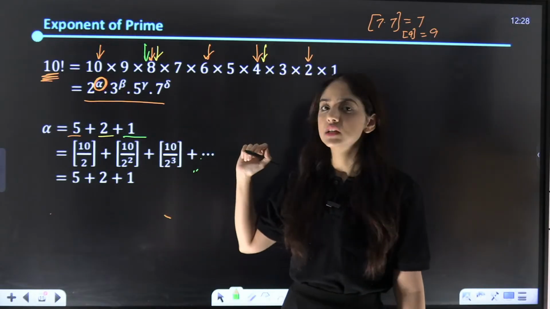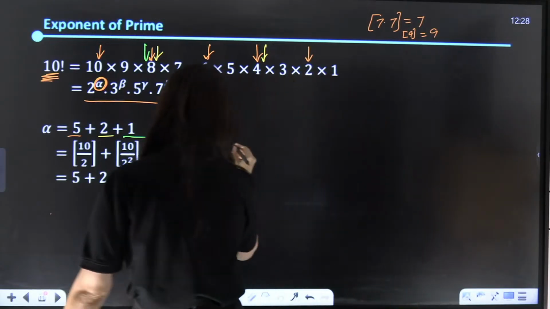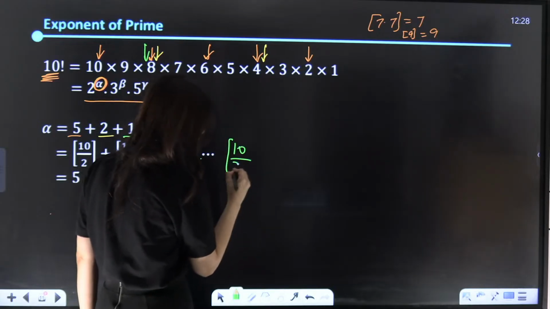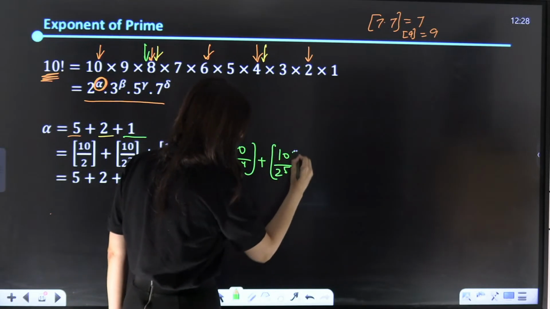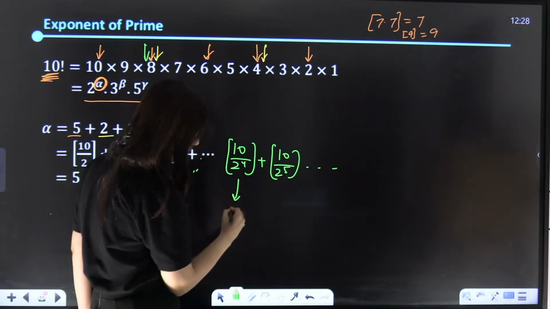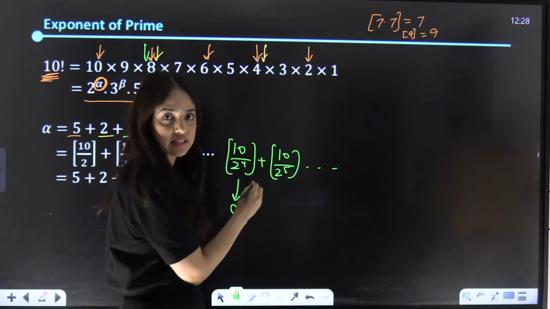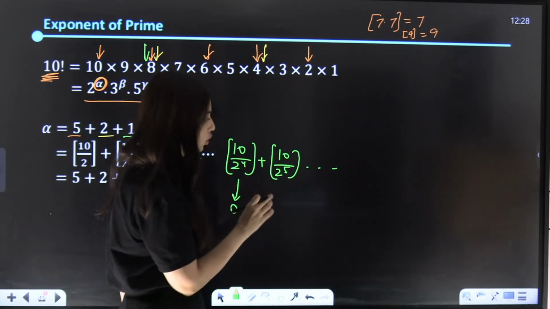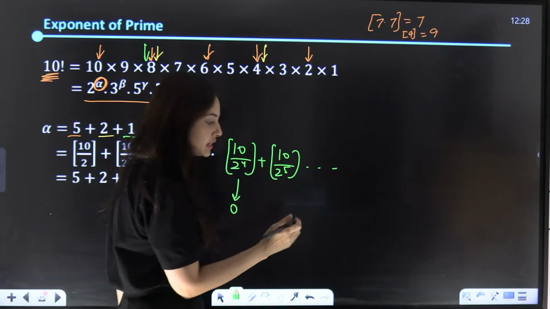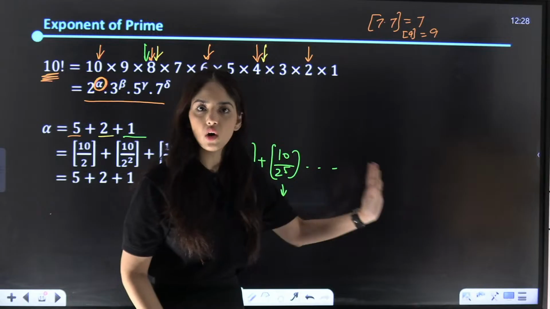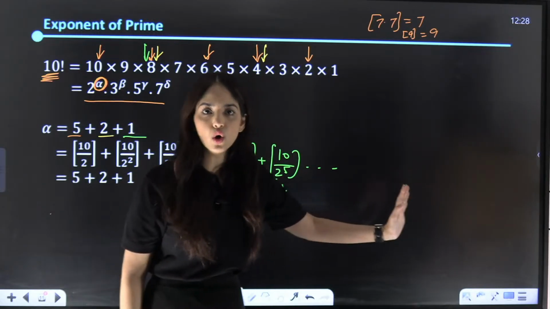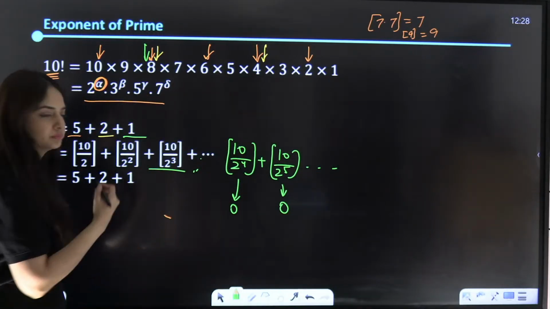That means anything after this will be 0, right? 10 divided by 16 is 0 point something, greatest integer 0. 10 divided by 32, 0 point something, greatest integer 0. So we are not counting any further. Everything else after this will be 0. So we will stop here.